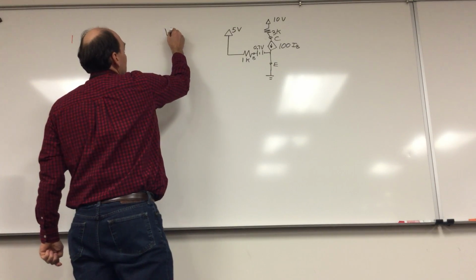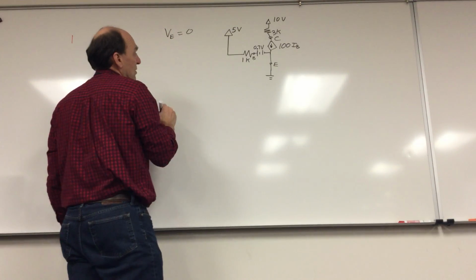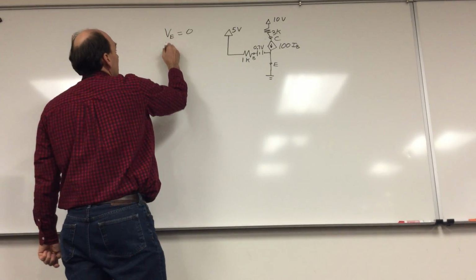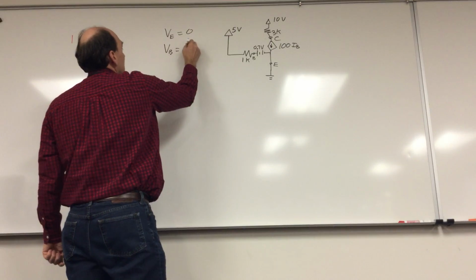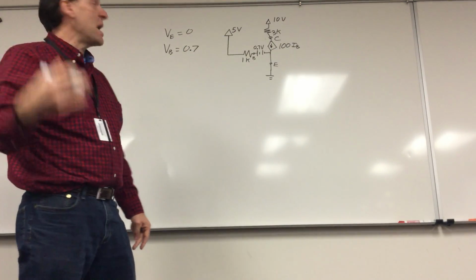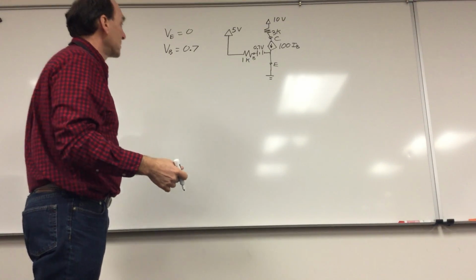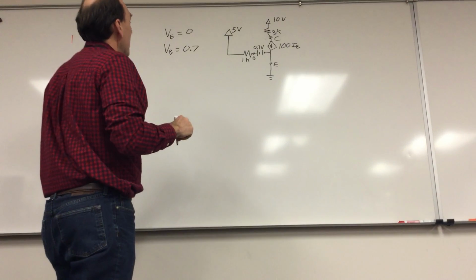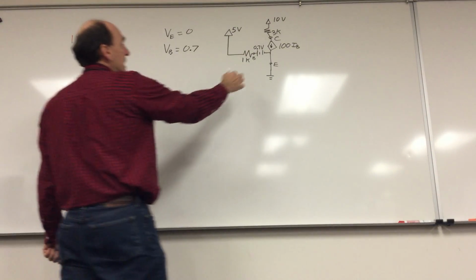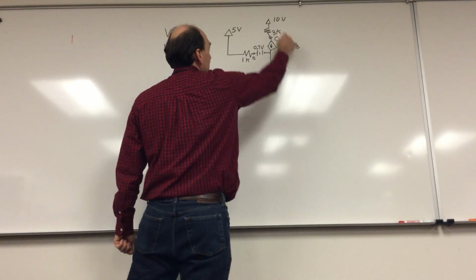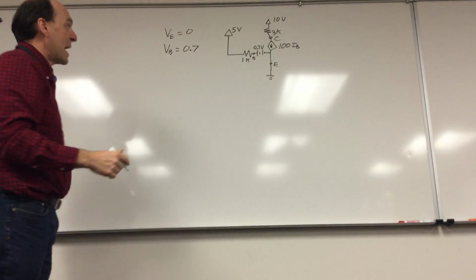That's easy because VE is attached to ground, so the voltage at E with respect to ground is simply 0. The voltage at B is 0.7 volts higher than ground. VC, well, we don't know the voltage drop from C to E, so we can't figure that out yet.